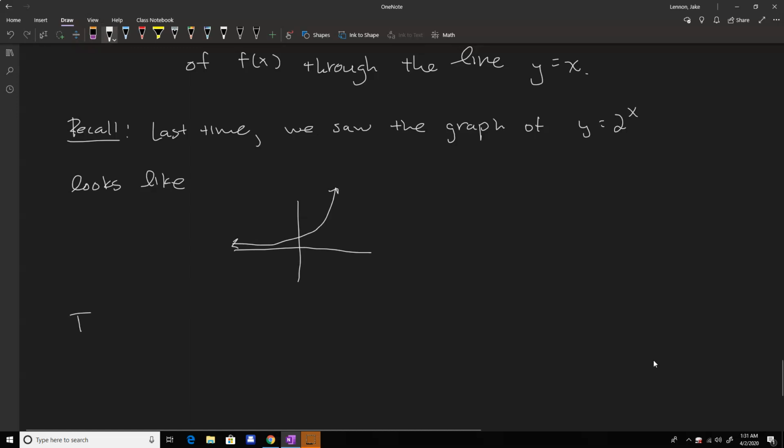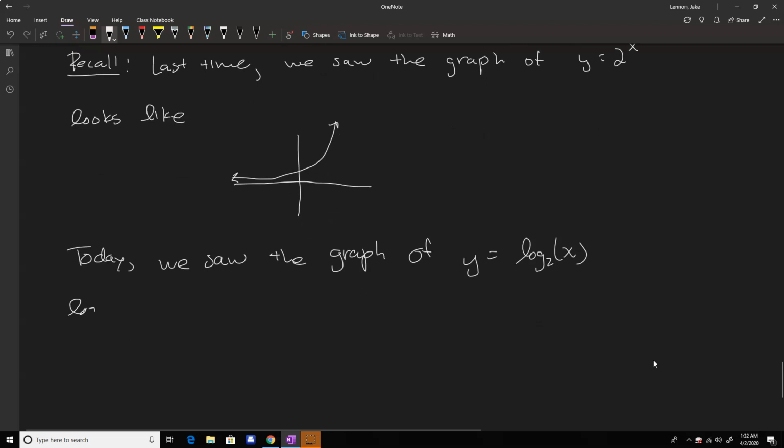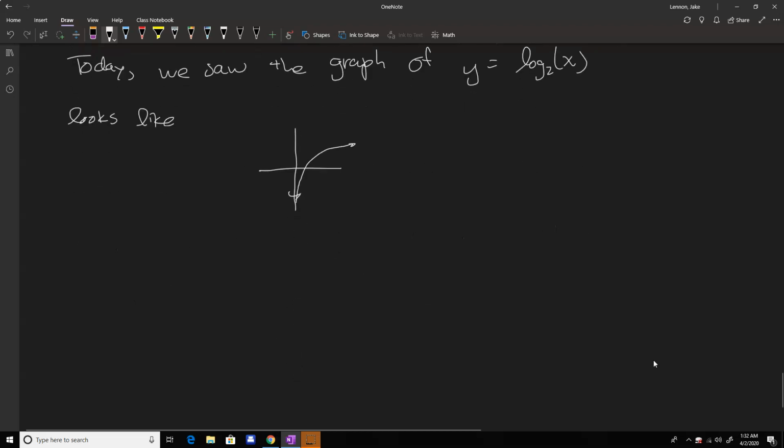Anyway, so today we saw the graph of y equals log base 2 of x. We saw it looking something like this. It's not perfect, but if you drew these on the same graph, you would see that they are both just reflected images.